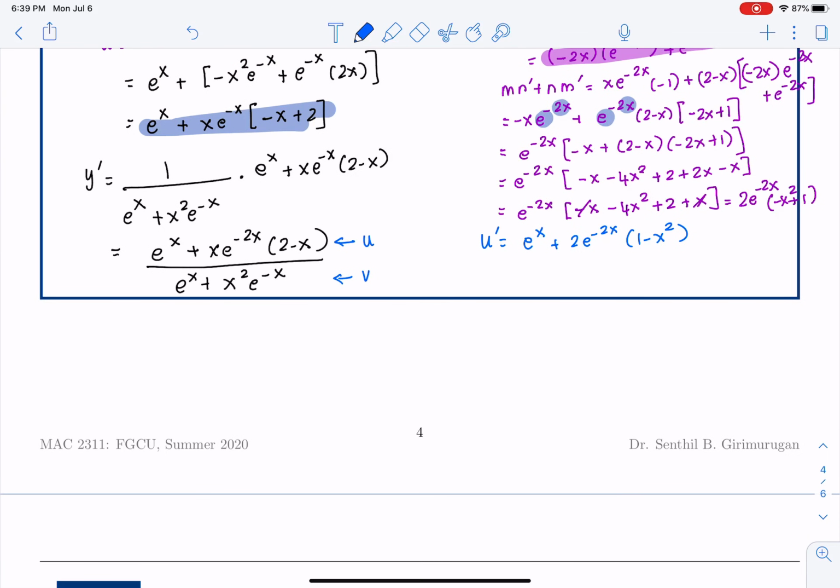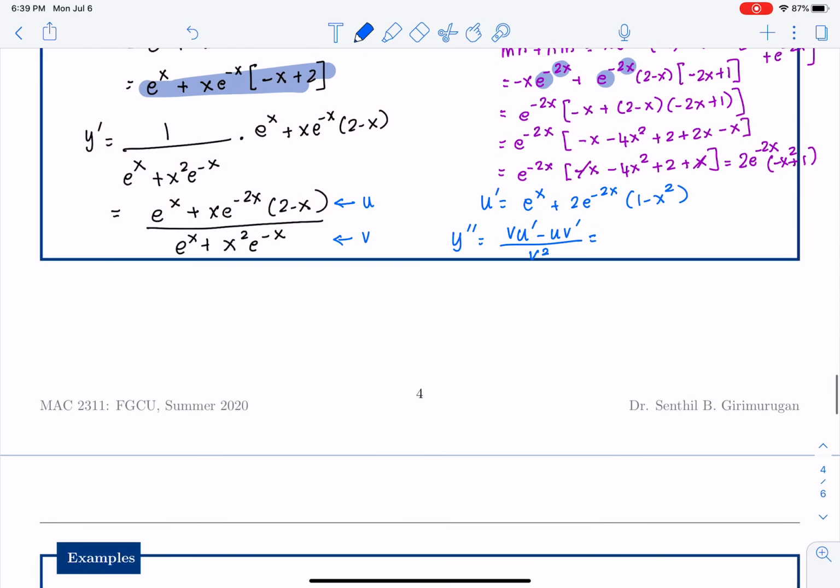So using the quotient rule, y double prime is v u prime minus u v prime, divided by v squared. V is e raised x plus x squared e raised negative x.